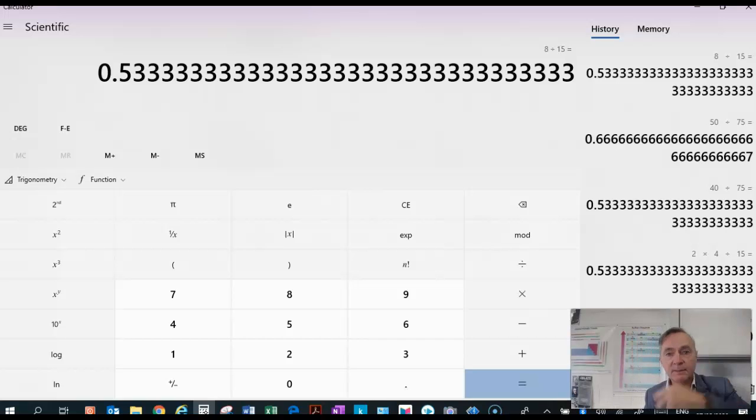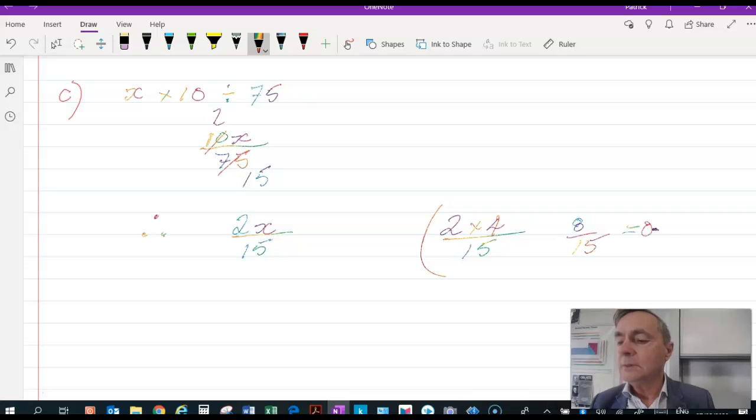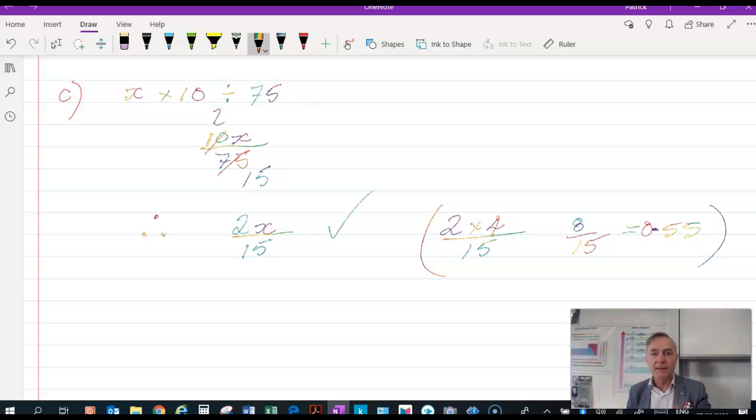There it is, 53.3, which we put in as 55 cents per apple. $0.55. So our expression to work it out is correct: 2x over 15.